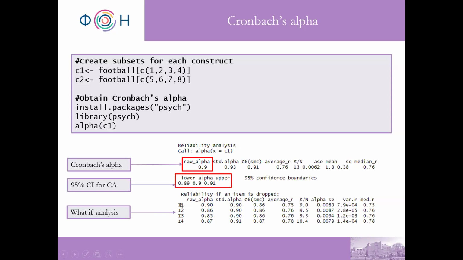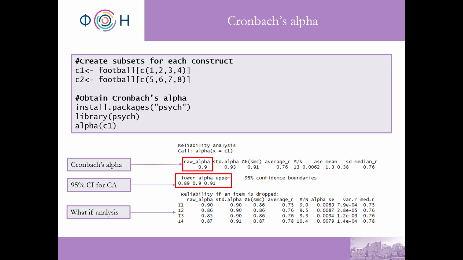remove the variable I1. So if we remove I1, our Cronbach's alpha is going to be 0.9, so no changes. If we remove variable E2, our Cronbach's alpha is going to be 0.86, which is a decrease, not something we want. The same would happen for E4 and for I3 and for I4.